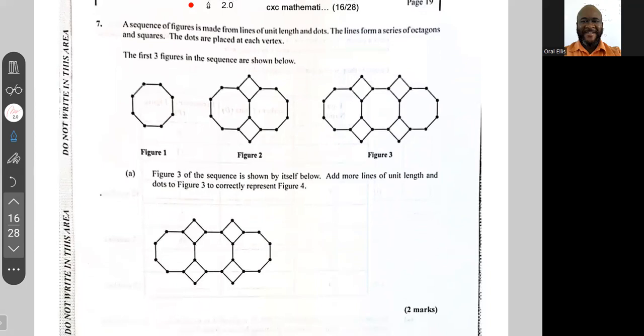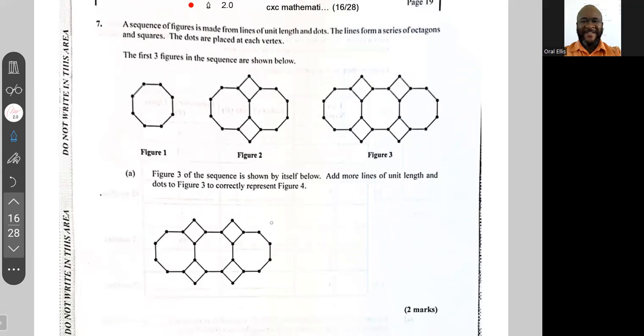This says figure 3 of the sequence is shown by itself below. Add more lines of unit length and dots to figure 3 to correctly represent figure 4.